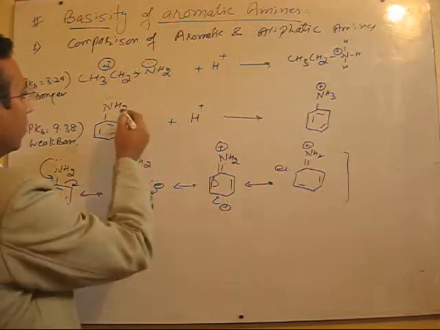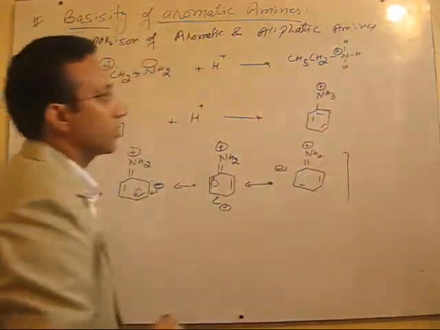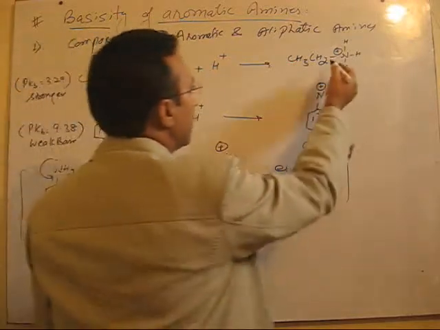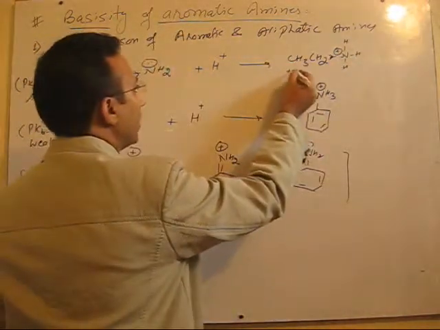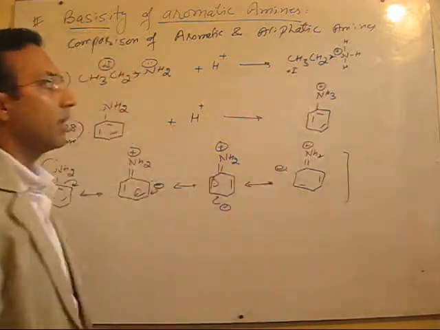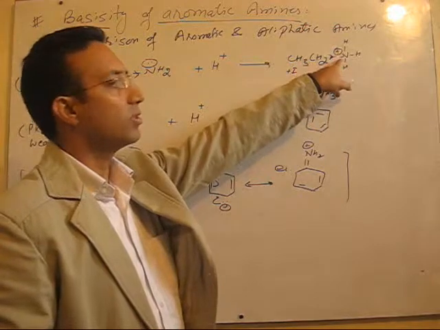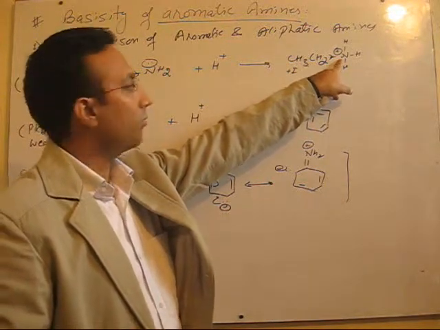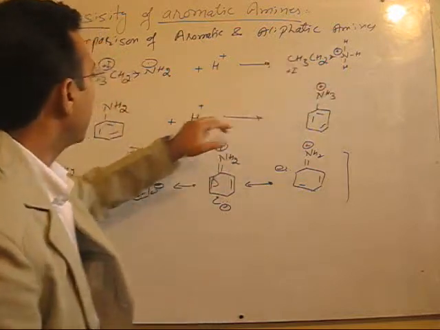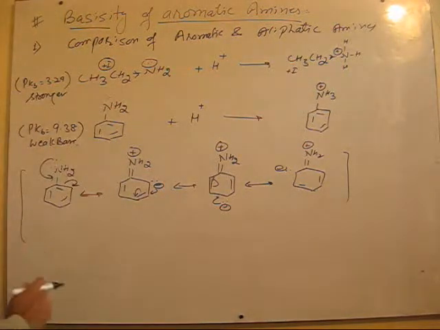Moreover, if you see the product formed in this case, nitrogen has a positive charge with 4 bonds, and the plus I effect of the ethyl group stabilizes it by releasing electrons towards the electron deficient nitrogen, right? So this stabilizes the cation formed also. Fine. So both the factors are favorable, which shows that it's a stronger base.